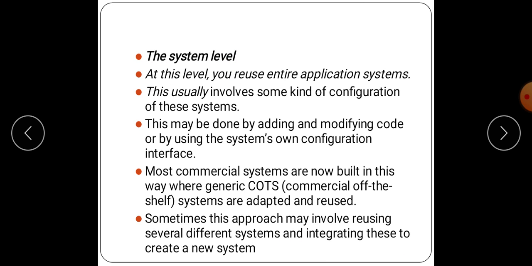System level. At this level you reuse an entire application system. This usually involves some kind of configuration of the system. This may be done by adding or modifying code or by using the system's own configuration interface. Most commercial systems are now built in this way, where generic COTS, commercial off-the-shelf systems, are adopted and reused.